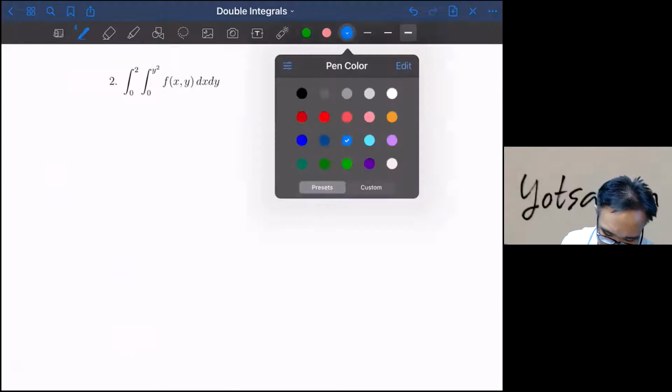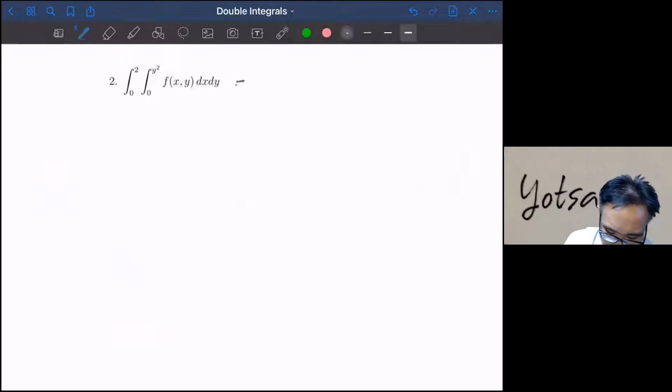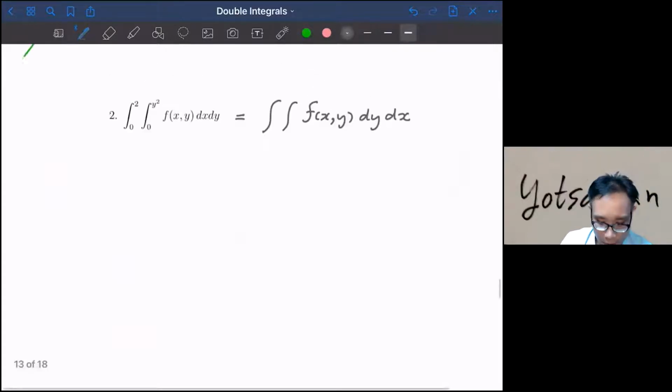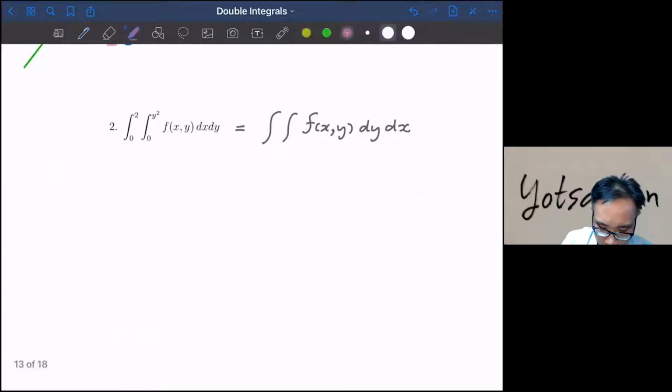The point here is that you need to reverse this order to the double integral of f(x,y) dy dx. What you are looking for turns out to be two curves and two constants. So you need to reverse the order.